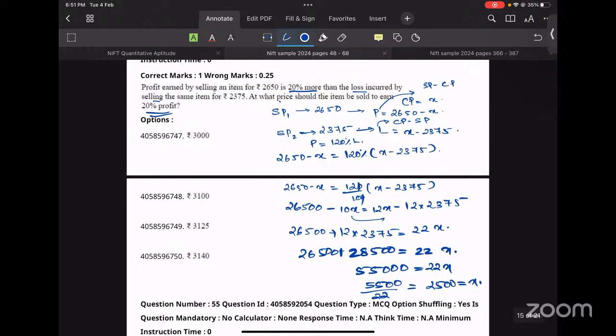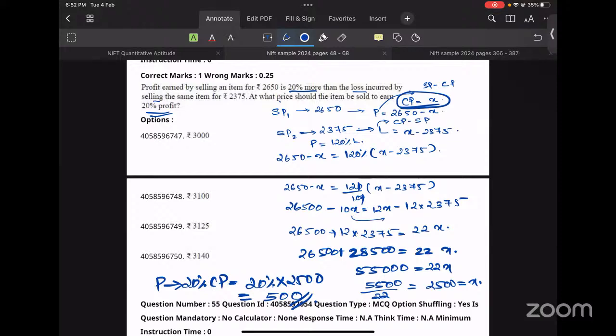X is the cost price. We want a profit of 20% of the cost price, that is 20% of 2,500, which is simply 500.